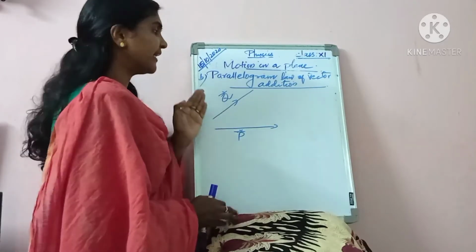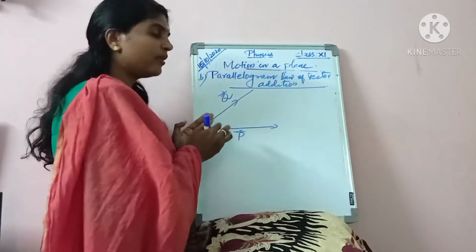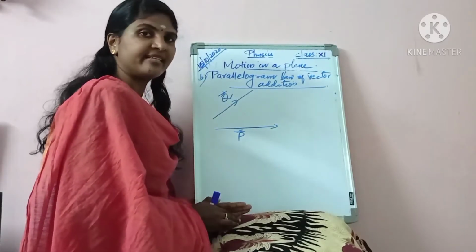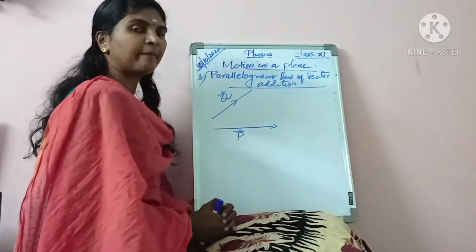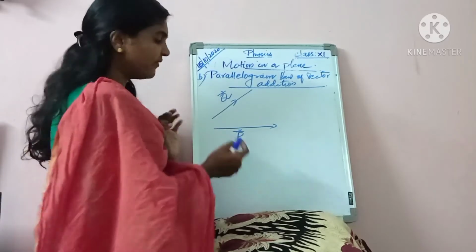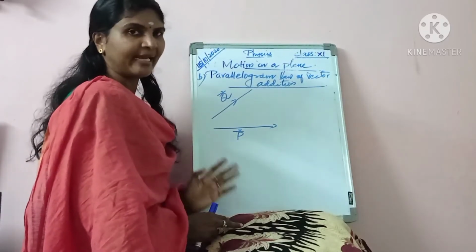The second law is the parallelogram law of vector addition. Let's see how we can add two vectors which are inclined at some angle by using this law. Here we have two vectors P and Q, inclined at some angle.